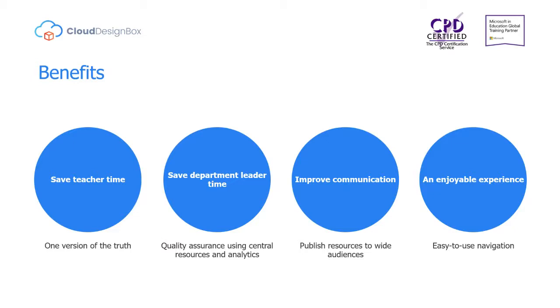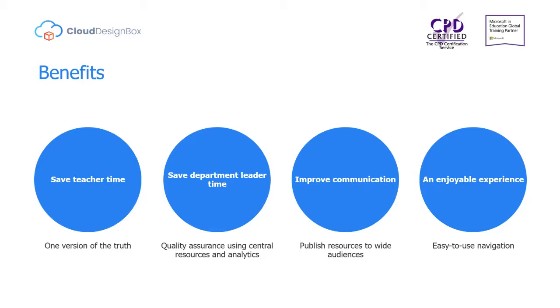We try and centralize all of that, so you're saving your teachers time, but also saving department leader time, because they can check the quality of those resources because you've stored them all in the central locations, and also they can keep track using the assignment analytics as well, just to make sure that their department is setting all the relevant work.